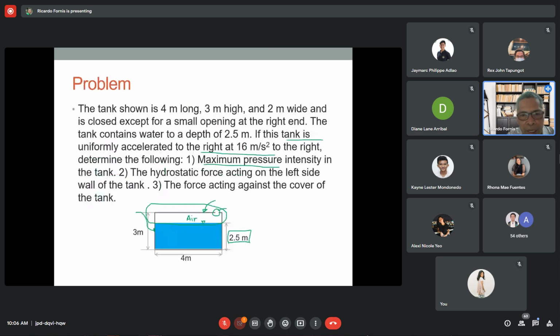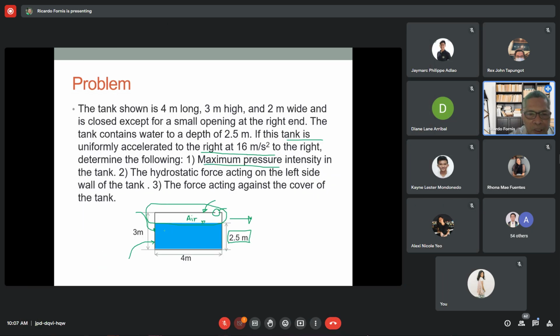Next, we will calculate the hydrostatic force acting on the left wall. The left wall, as already mentioned, refers in relation to the movement to the rear side, because the movement of the tank is that way. So the left wall and the rear side are the same.